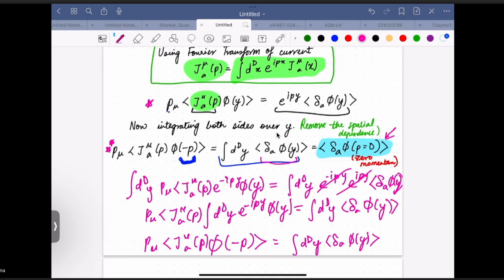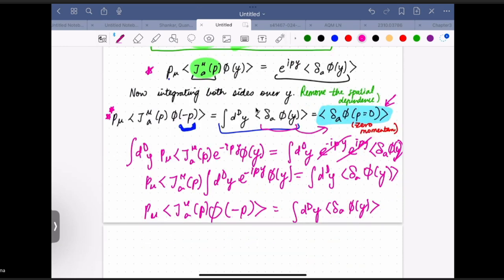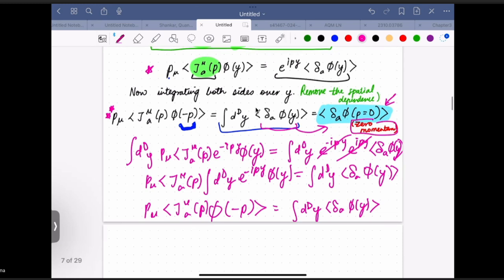This integral corresponds to the Fourier transform of dA phi of y at zero momentum, because integrating over all y in position space is equivalent to setting the momentum to zero in Fourier space. That's all we did. That's how we got zero momentum, p is equal to 0 in the Fourier space. So I was struggling to understand this earlier as well, why is p equal to 0. It's literally because we integrated over the y's.